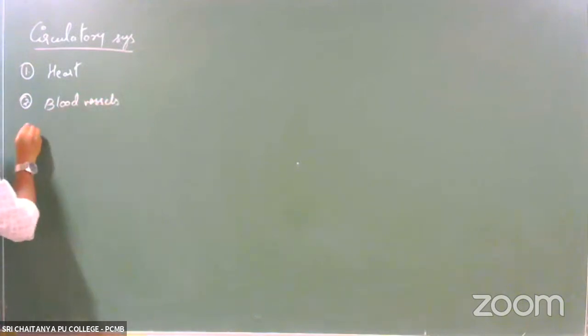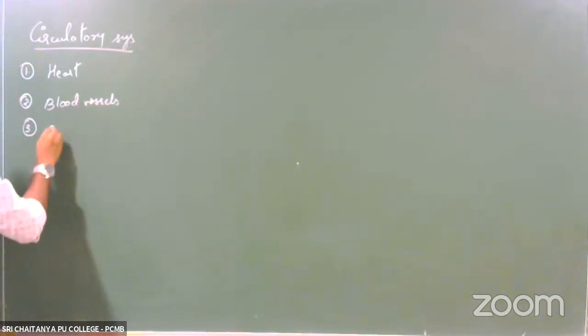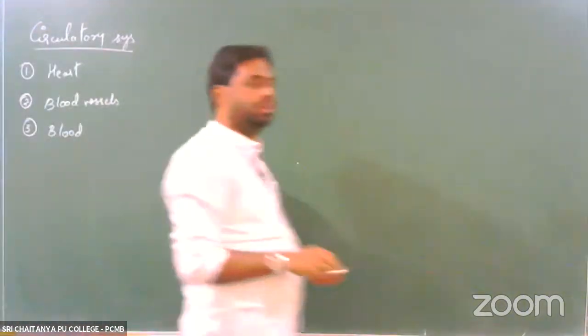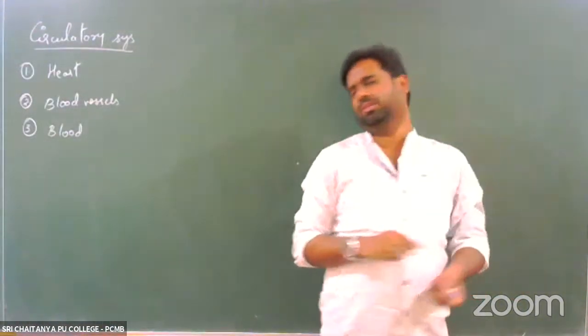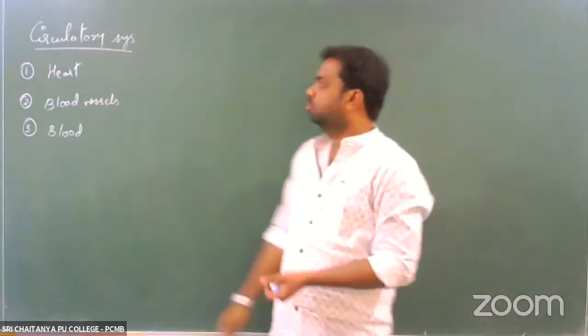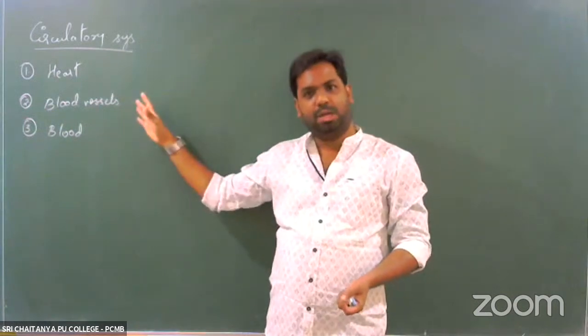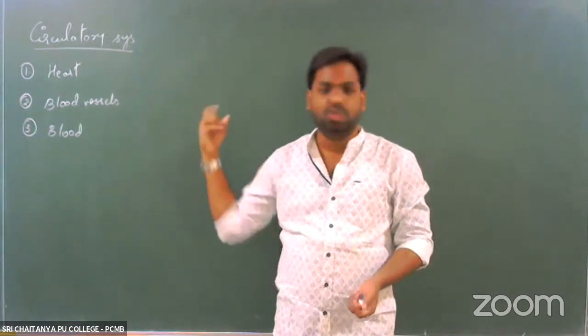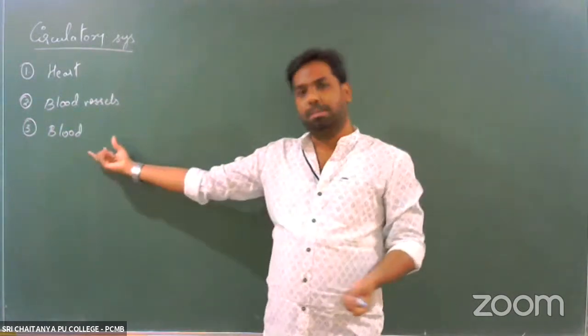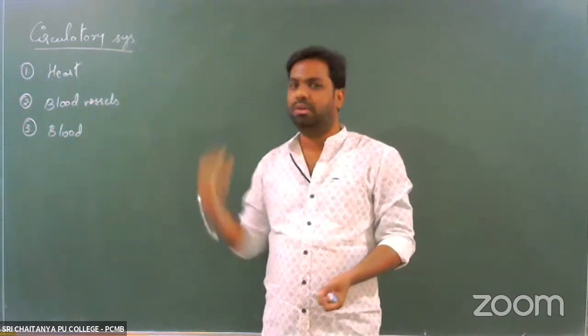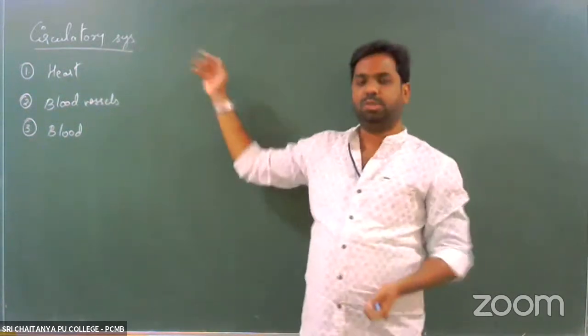And the third component is the blood. So they have a very well developed heart, and well developed blood vessels. That's the reason we call it a closed type of circulatory system. And the blood is the major component. Now let us take up each one in a little more detail.